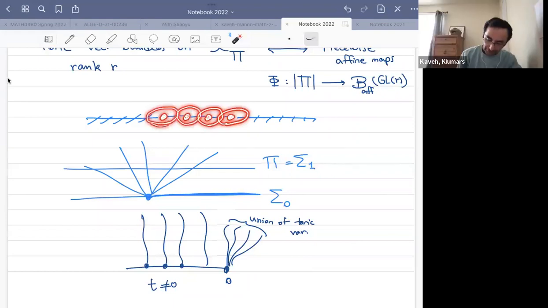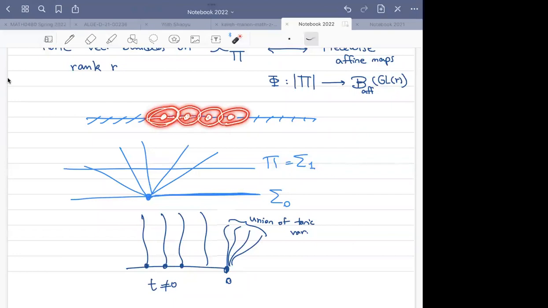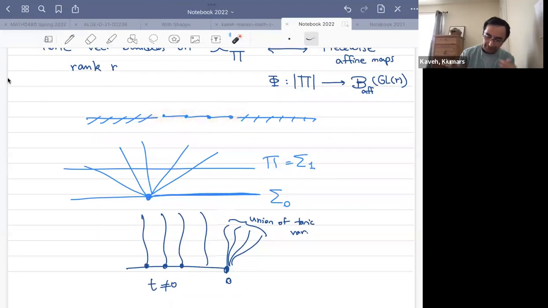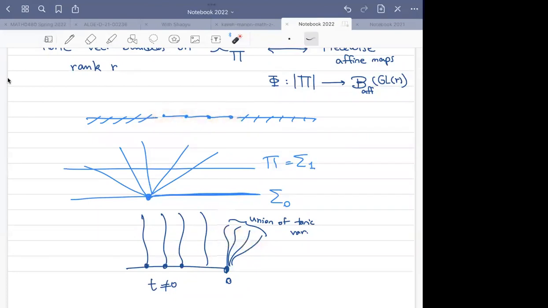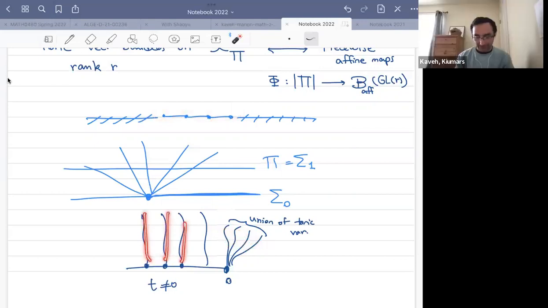Suppose this is the origin, it's a fan, so this is a projective line. So you have projective lines which are overlapping on something. So you have a projective line which degenerates to some projective lines glued together.